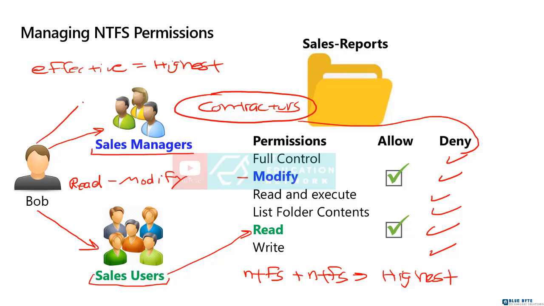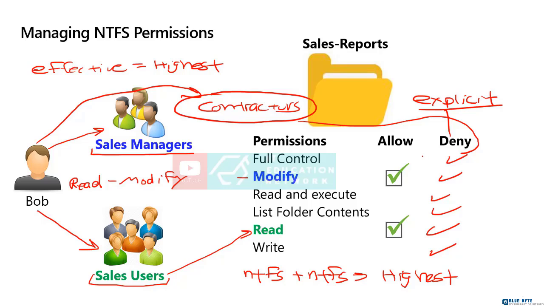We make Bob Ross a member of contractors as well. What happens now? Deny trumps everything. Deny is an explicit permission, meaning somebody decided, we don't want you to access this folder. We don't care what groups you are a member of or what permissions you are assigned. So just know, deny always trumps allow.